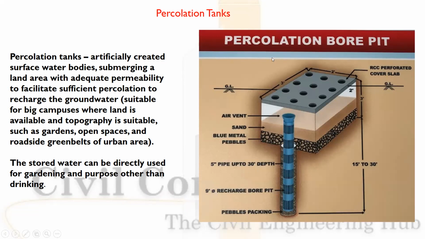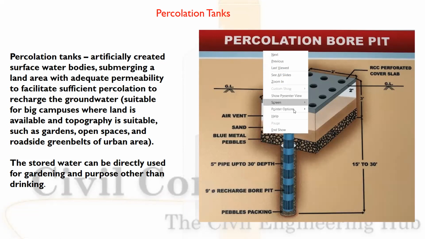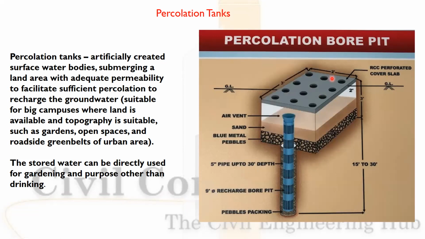Here you can see the images: vent, sand, blue metal, pebbles. It goes from 15 to 30 feet. This is a 5 inch pipe, this is a 9 inch pipe, and a pebble pack. So here, the stored water that has been collected can be directly used for gardening and purposes other than drinking.